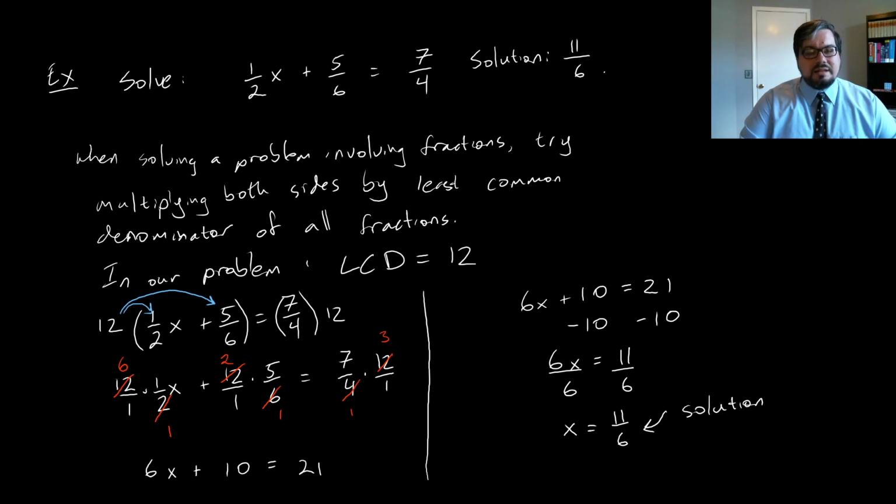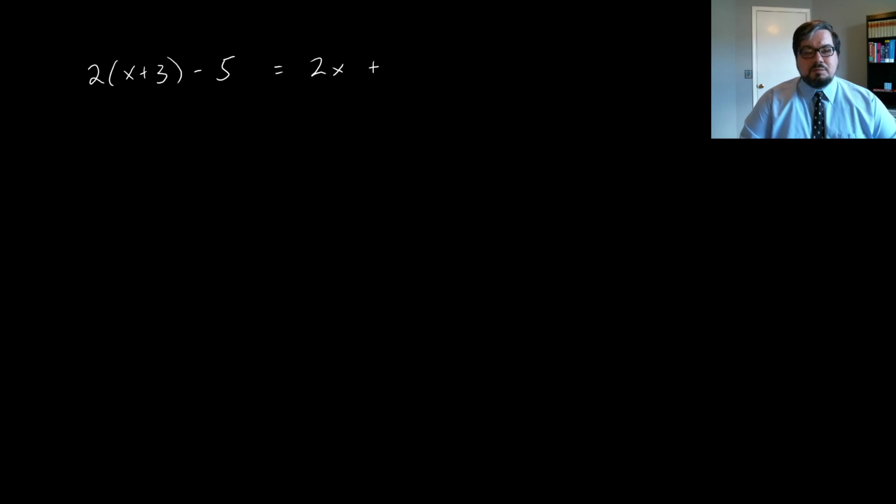So, let's look at the following. Let's look at 2 times (x plus 3) minus 5 equals 2x plus 1. Let's look at this equation right here.